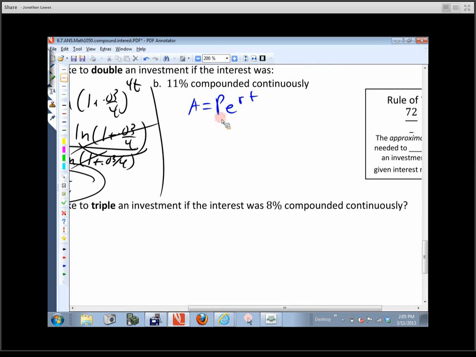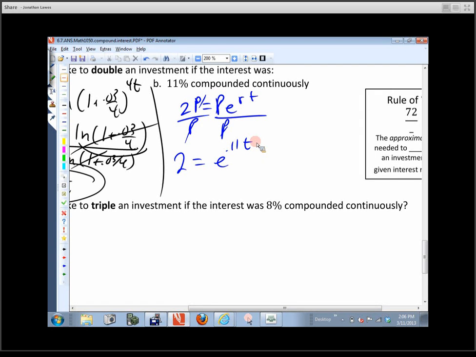If I put in P and I want it to double, how much do I get in the end? 2P. And regardless of whether you put in P or a number, when you divide by P, you end up with 2. So this is 2 equals e to the rt, and our interest rate was 11%, and we don't know the time.